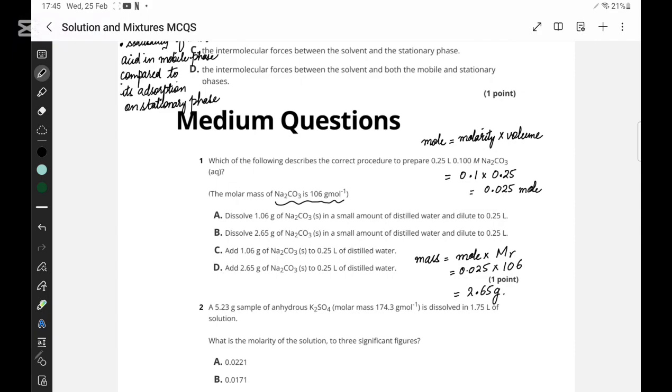The mass of Na2CO3 should be added to a small portion of water and then diluted to the desired final volume.